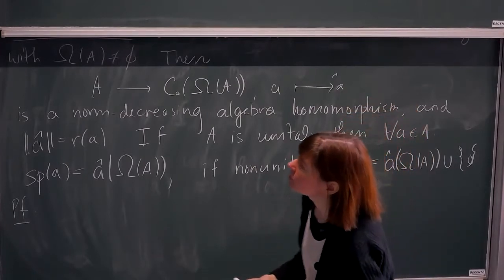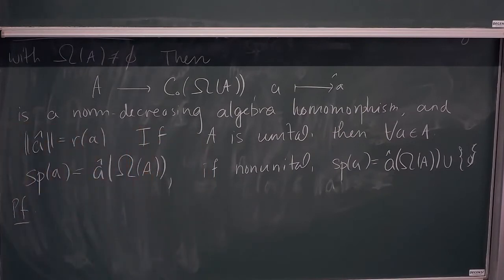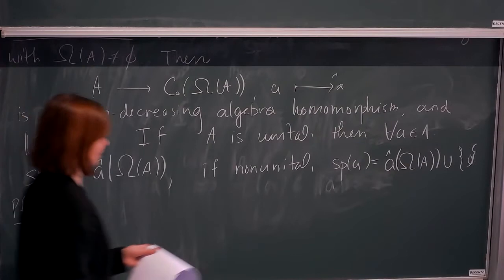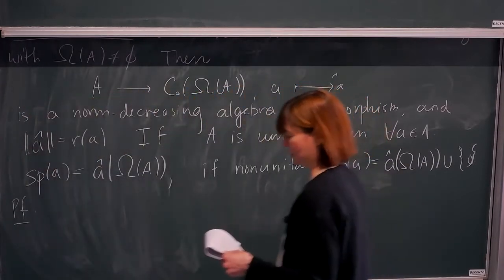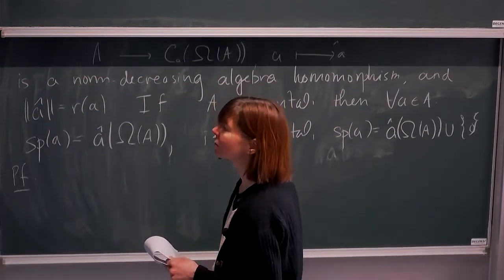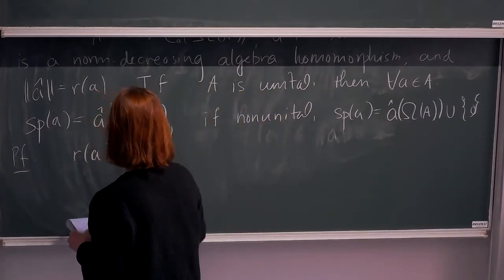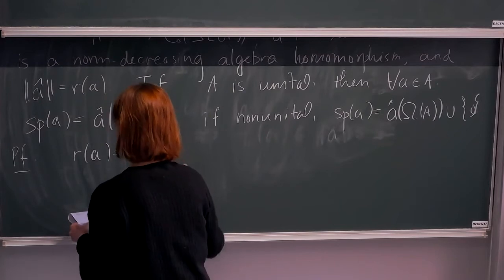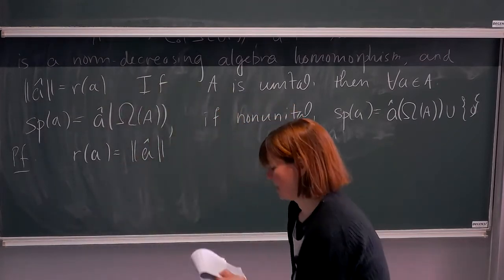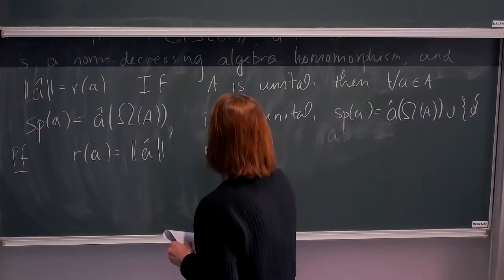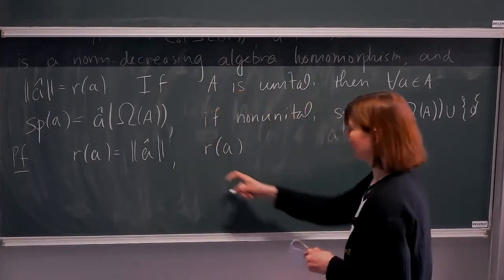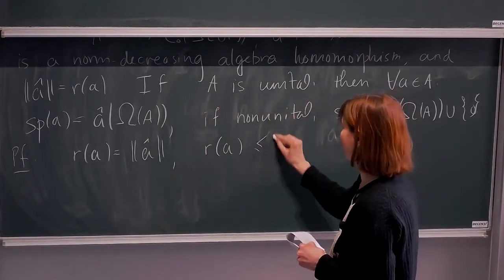Okay, so have I erased all of this stuff? Okay, so we know that the spectrum of an element a is exactly the image of a hat. So that tells us that indeed the spectral radius is going to be the norm of a hat. And we already observed earlier that the spectral radius is always bounded by the norm of a.